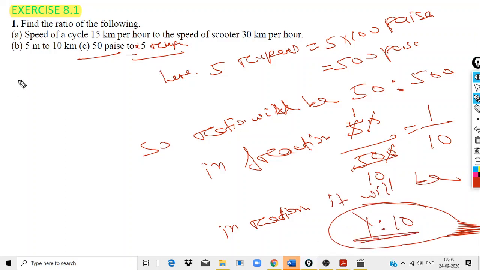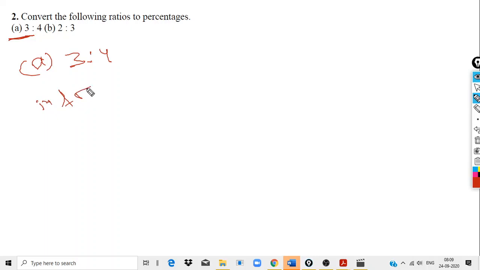Okay, now we'll move to question number 2. Convert the following ratios to percentage. We'll try with A, 3 is to 4. Now in fraction you can write 3 by 4.